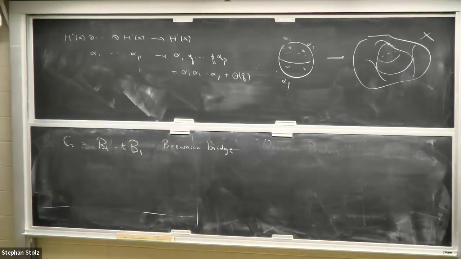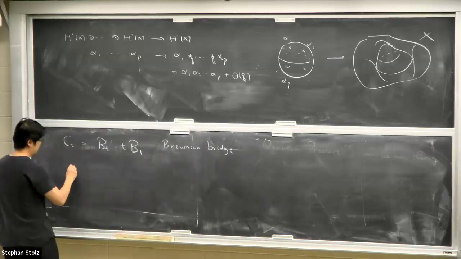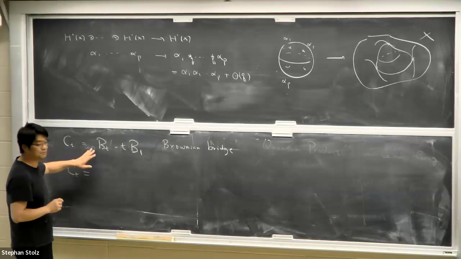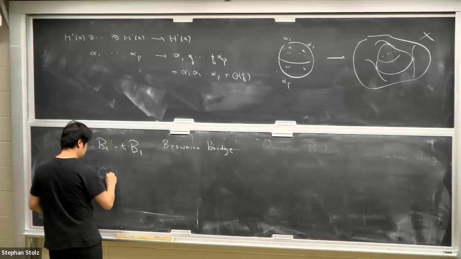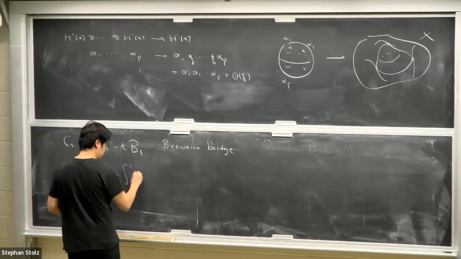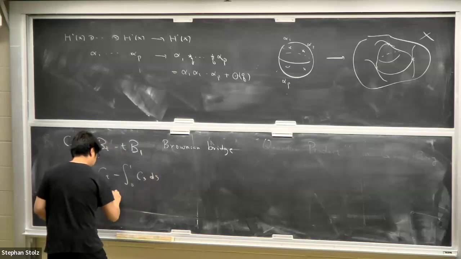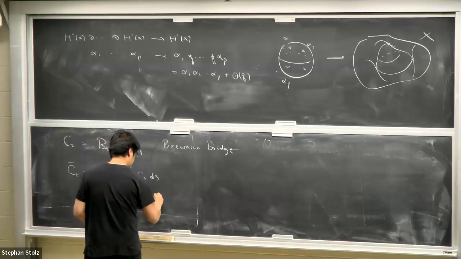And then for our purpose, we need a little bit reduced version. Let's call this one C bar. I want to subtract some constant mode of this Brownian bridge. Let's call this one the reduced Brownian bridge.